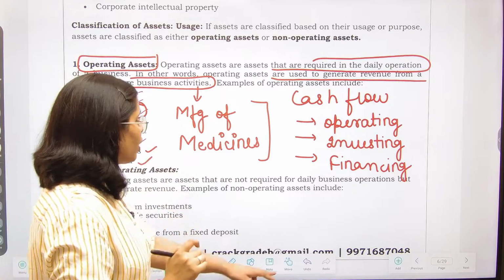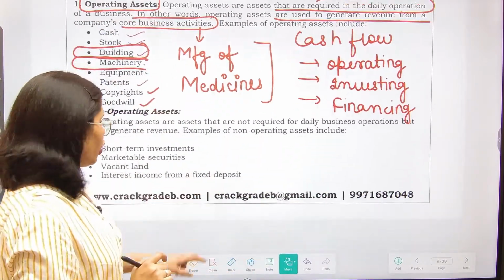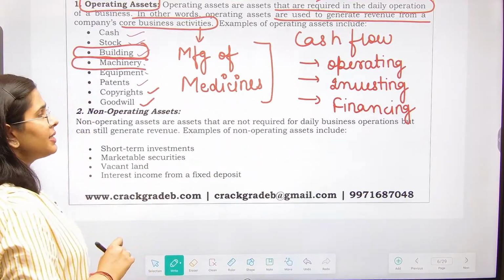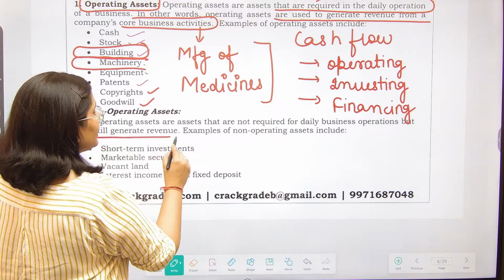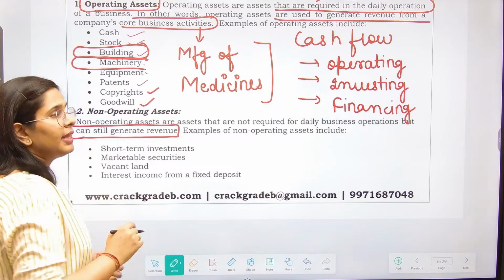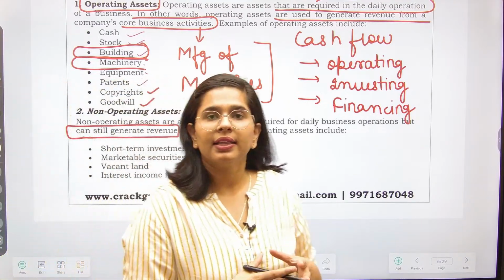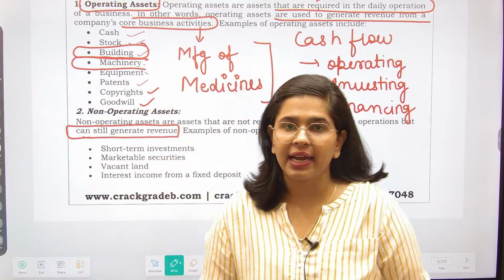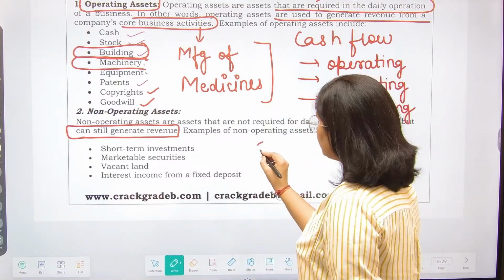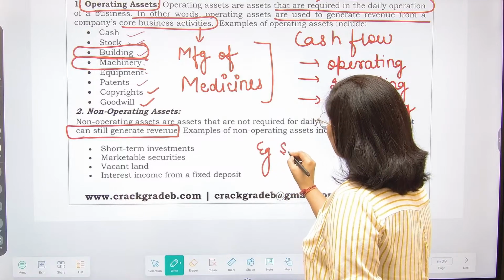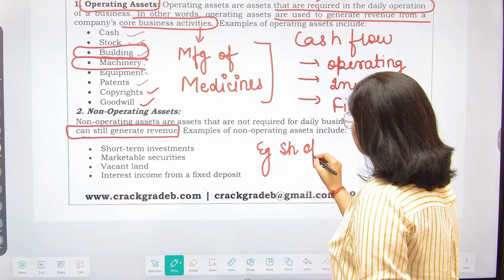Whereas when I talk about non-operating assets, these are the assets that are not required for daily business operations, but they can still generate revenue. They generate revenue for me, but they are not required for my daily business operations. For example, suppose I have purchased shares of Reliance, right?